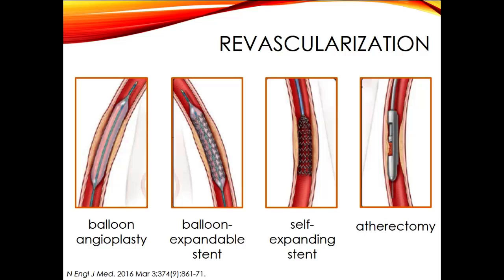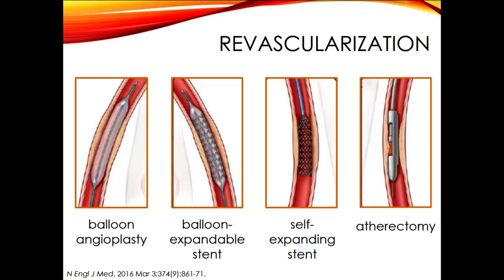Balloon angioplasty involves placing a removable balloon at the problem site and inflating it to stretch the artery. Stent placement involves the placement of a wire mesh tube at the lesion site and expanding it to keep the artery open.